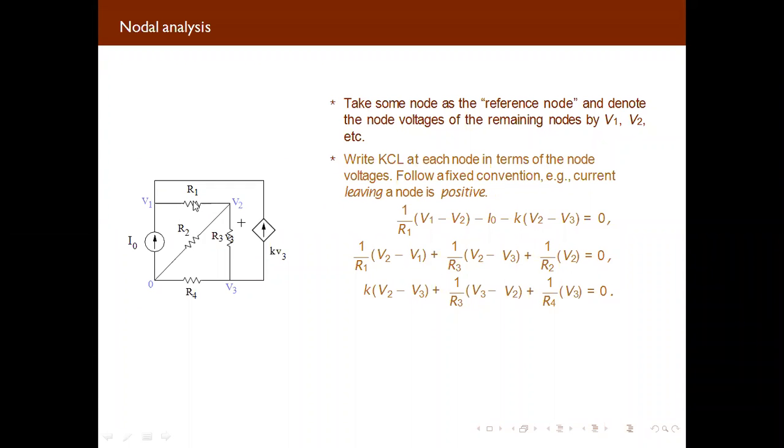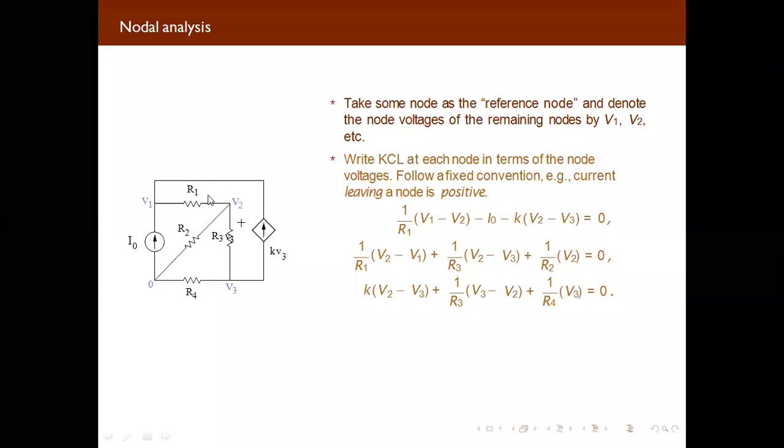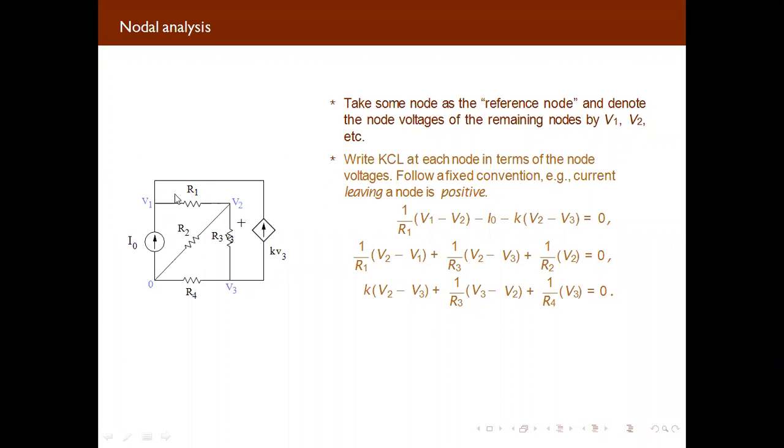How will you find it? Where does the current start and where is it going, from here to here. So you can take V1 minus V2 upon that resistor R. Again, if you are calculating for this, we are taking this as 0, so you can write it as I0.